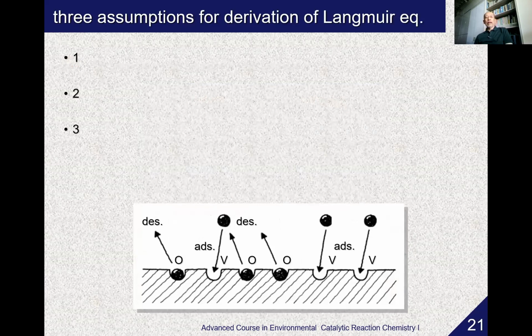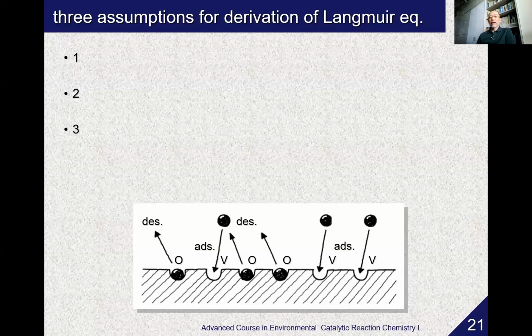So it is possible to derive the Langmuir adsorption isotherm by using very, very simple assumptions. Only by assuming three points, three assumptions, it is possible to derive the Langmuir equation.